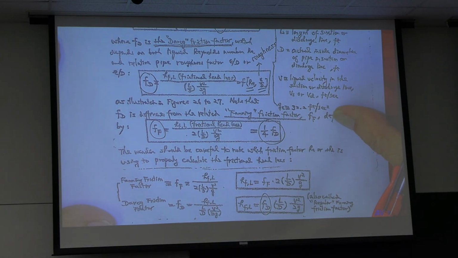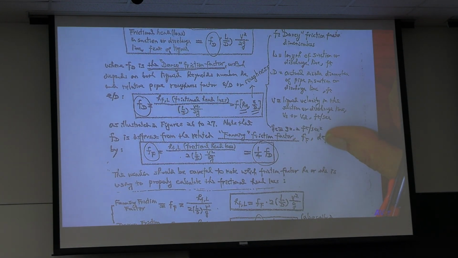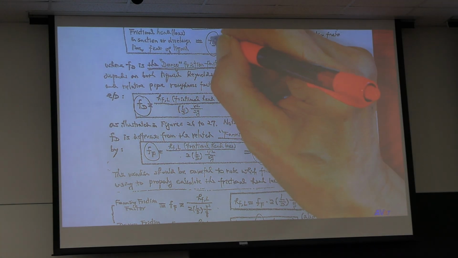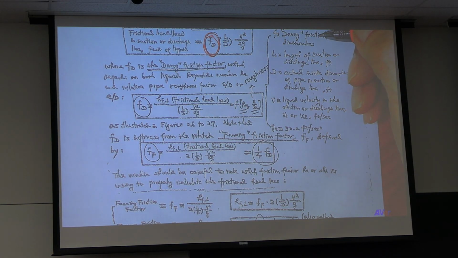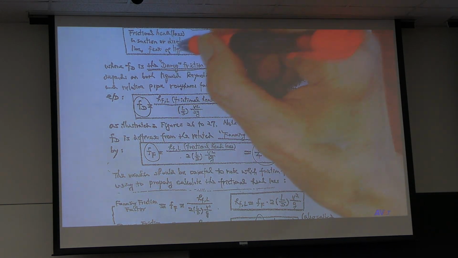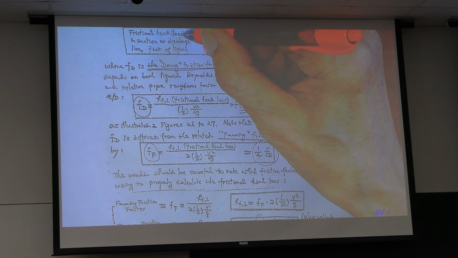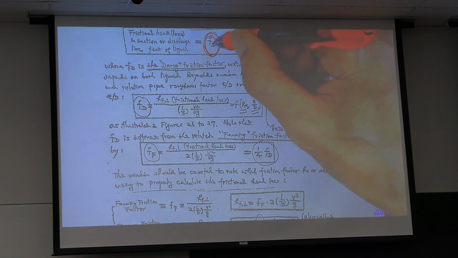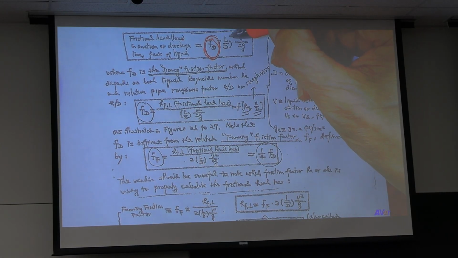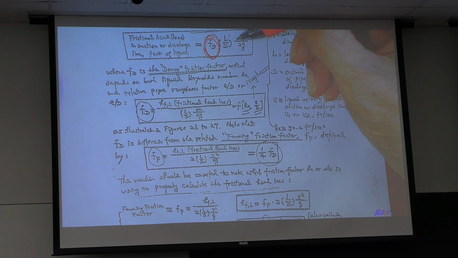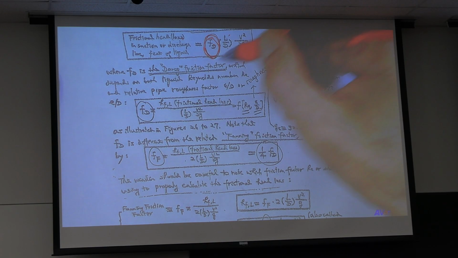Page 315. First, in your fluid mechanics, you have a Darcy friction factor: frictional head loss equals Darcy friction factor times length of pipe over diameter of pipe times V squared over 2g.